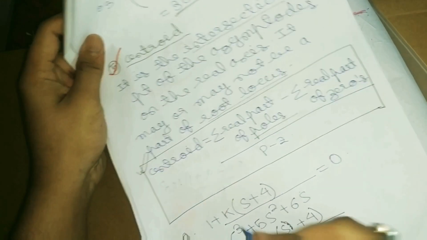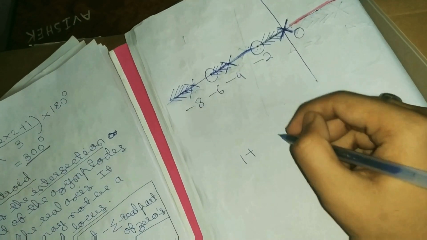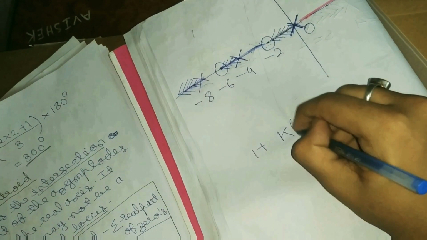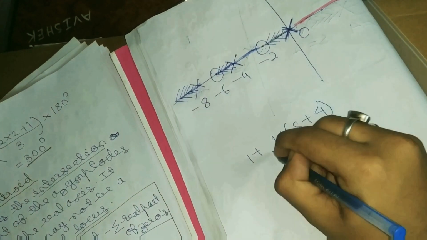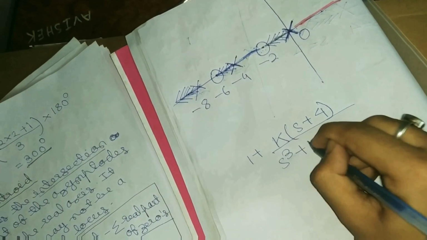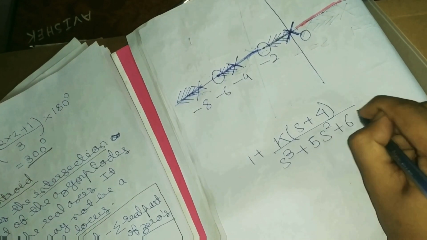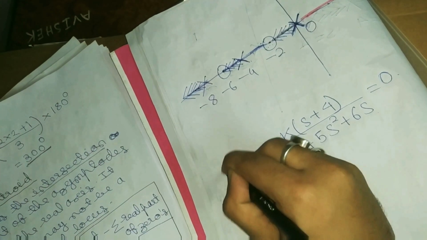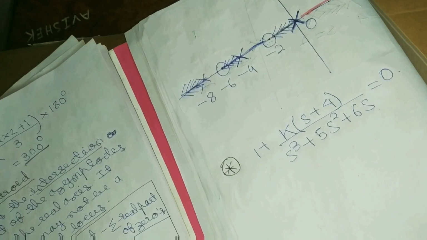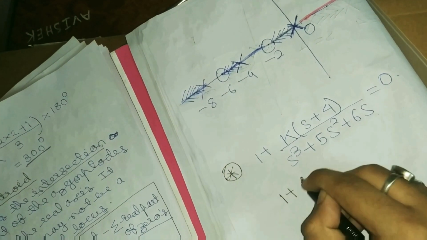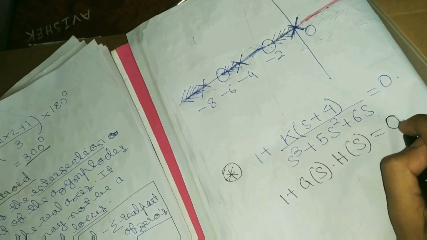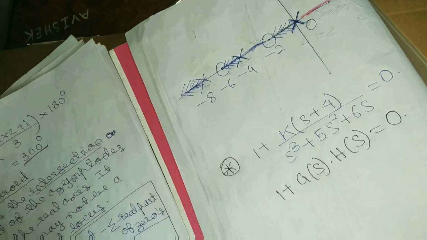Let's take this example: 1 plus k(s plus 4) divided by (s cube plus 5s square plus 6s). From here, first you have to find G(s), because this is in the form 1 plus G(s)H(s) equals 0, the characteristic equation.